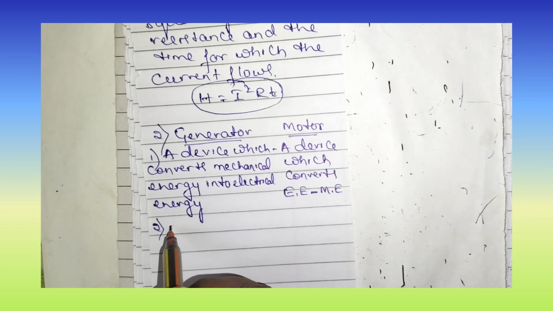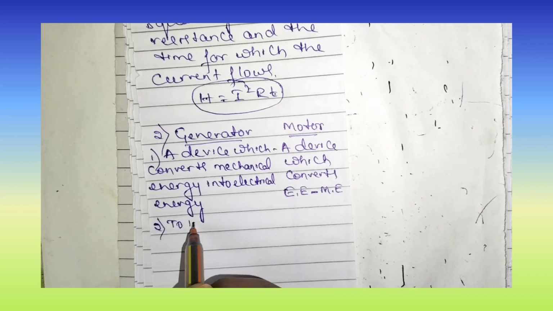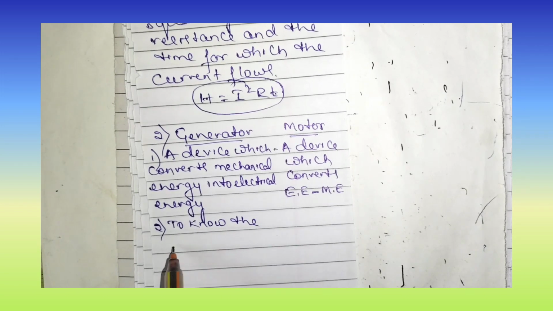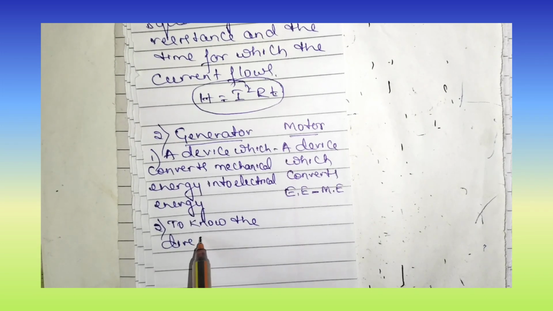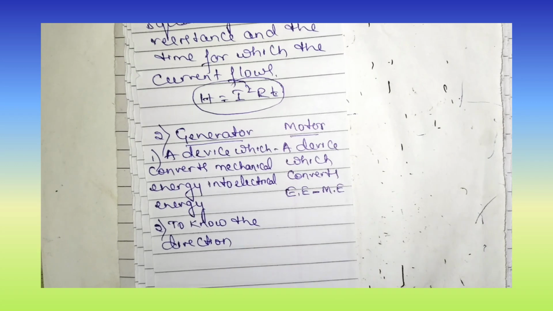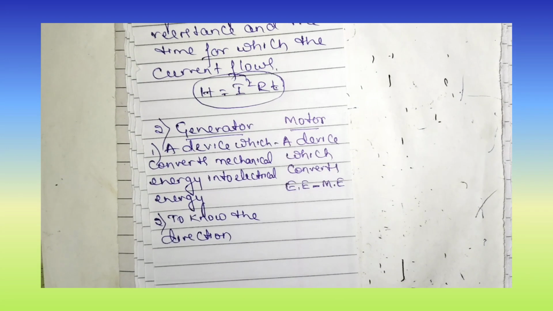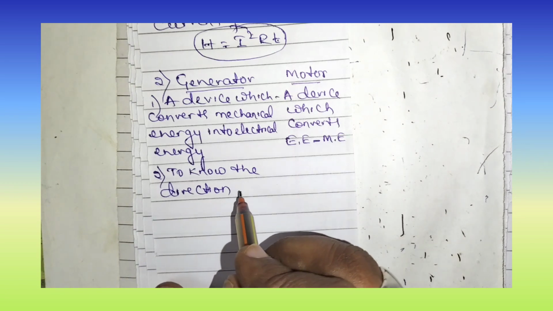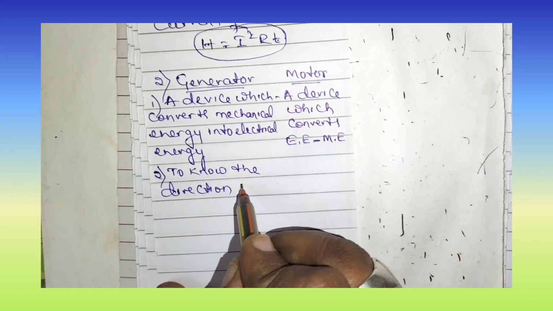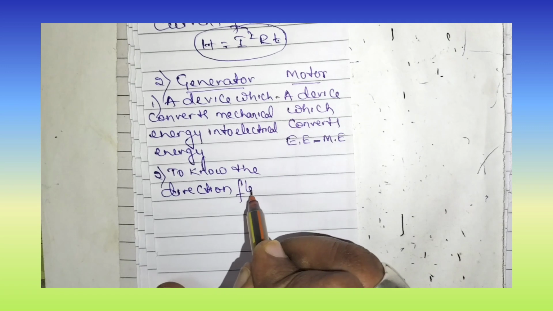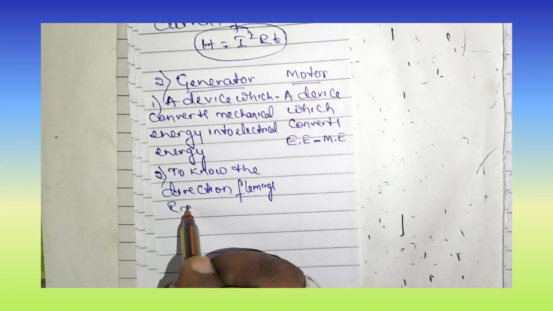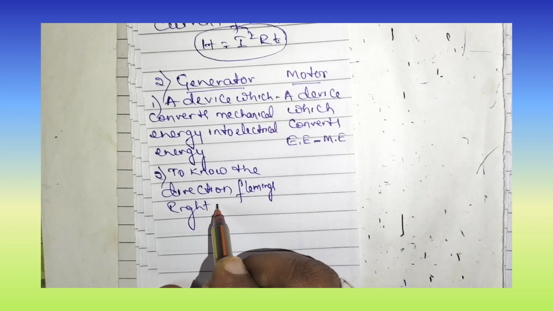Then the second difference between generator and motor: in a generator, to know the direction of motion of the conductor, the direction of magnetic field and the direction of current, Fleming's right hand rule is used.